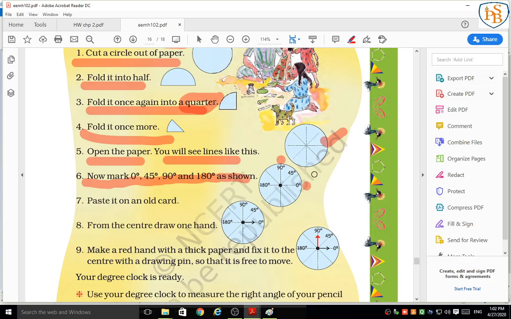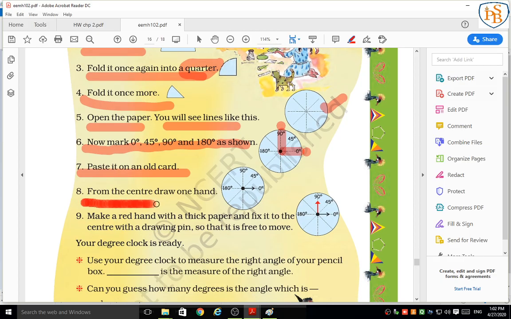Then 90 degree. 90 degree means, do you remember something? Yes, 90 degree means exactly a right angle. If you see over here, correct, very good. Then if marking is over, paste it on the old cardboard paper.